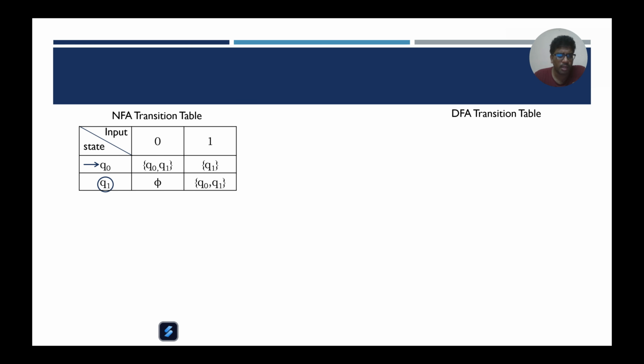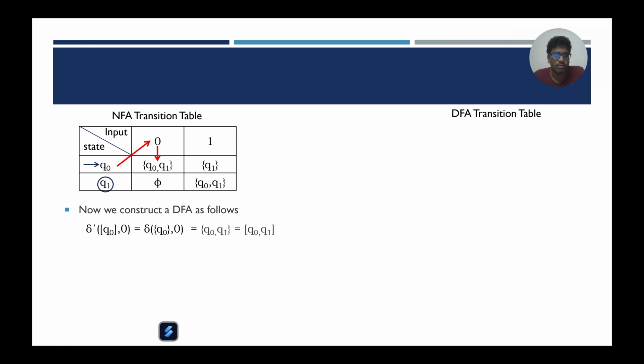At state q0, we read the input 0. It moves to the states q0 and q1. So q0 on reading 0 moves to q0, q1. It will be represented in the DFA transition table also.